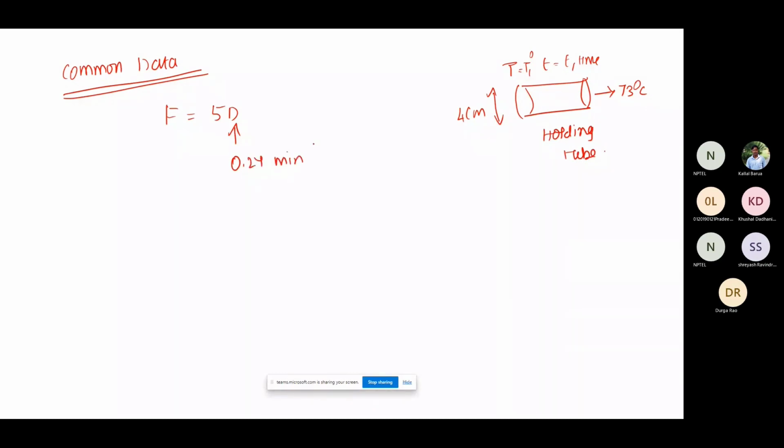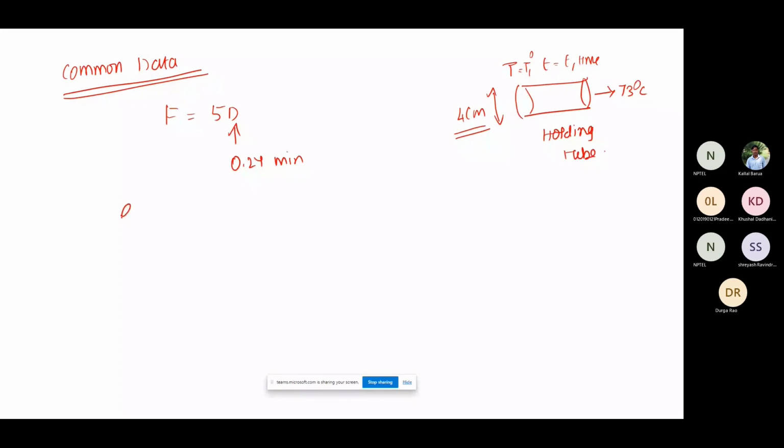And one more thing you always remember, whenever you write something, please be careful with the units. All units should be of the same SI units, right? For example, when you are substituting, one should not be in cm and another in meter, then you will obviously make mistakes. So please be careful. And then certain information is given.